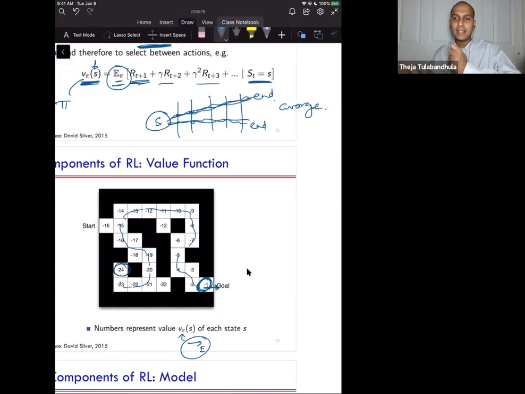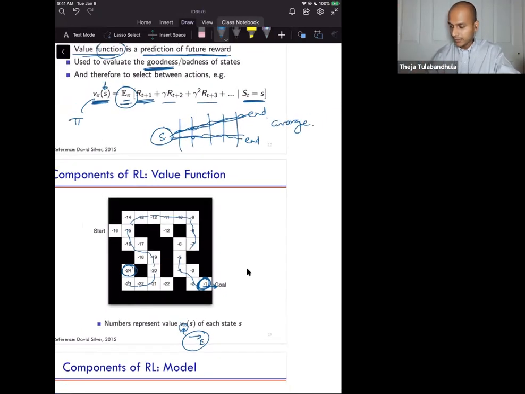You're able to compare which state is a good state to be in and which state is a bad state to be in, and you'll see where it will be useful later on. It's just an intermediate number that you can keep for every policy. This will be useful when you're trying to optimize for policies. If you can get a sense of values of states for every policy, then maybe you pick that policy which gives you really good values for every state. So we'll see what's the use later.